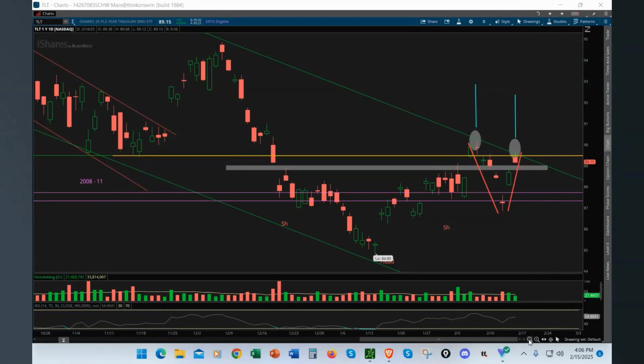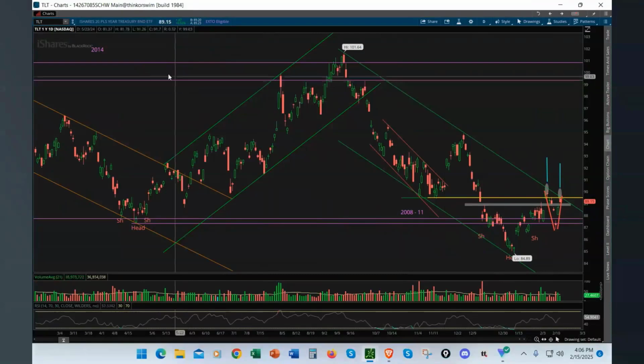If we do break out of there, then this 2014 level that has been visited a couple times, if we get all the way back up into, well, first of all, I'll say that if we break this, then the $100 level would be my target. But if we get here, this is going to be the third test. That increases the odds that the $100 level won't hold.